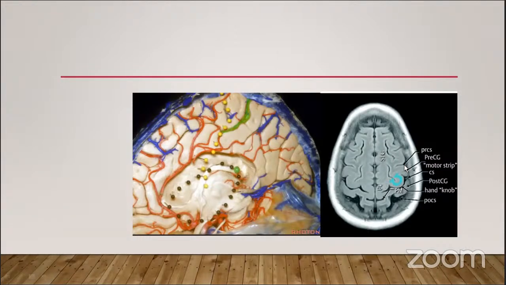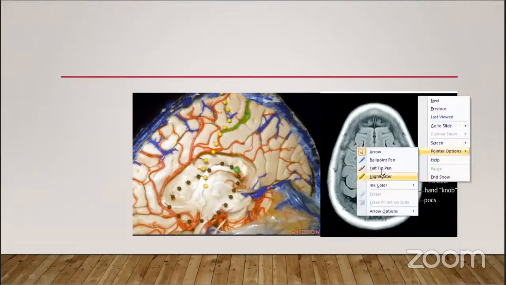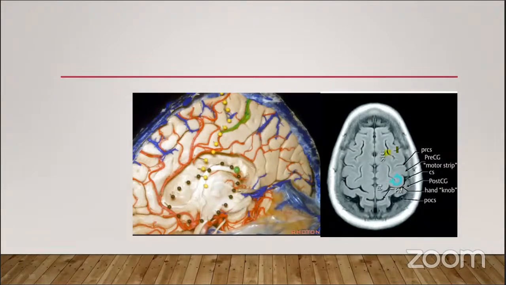And usually we have got a T-shaped sign over here, that this precentral sulcus is joined by the superior frontal sulcus in an inverted T-shaped manner. So if I draw an inverted T-shaped manner, it would be like this. This is the superior frontal sulcus coming, and then this is the precentral sulcus running over.